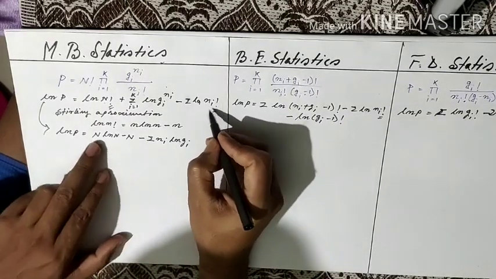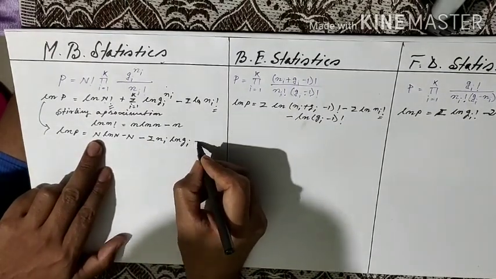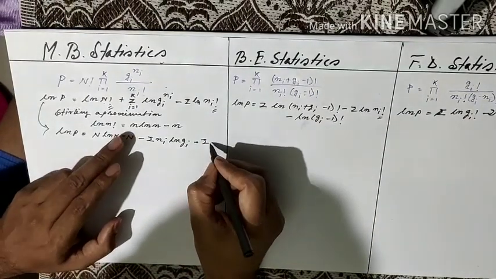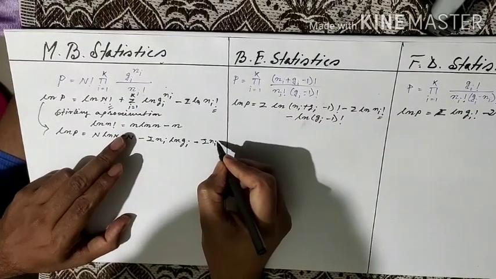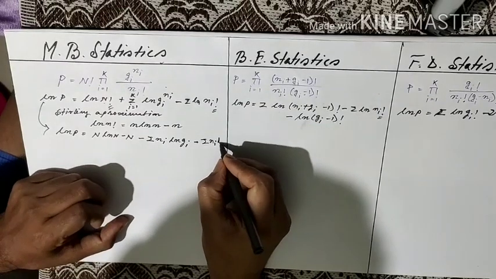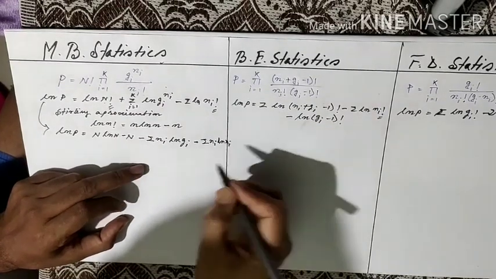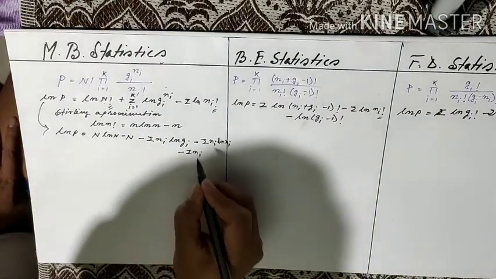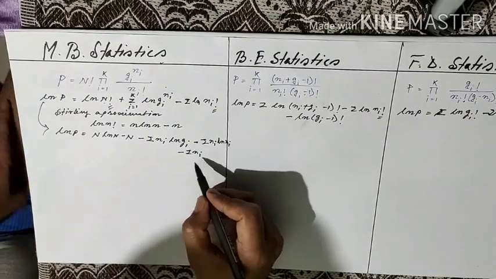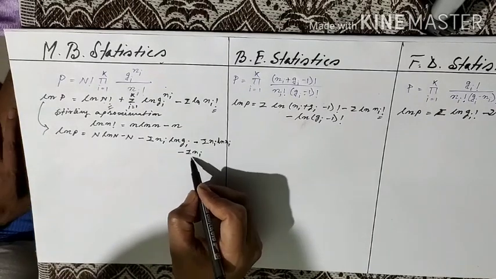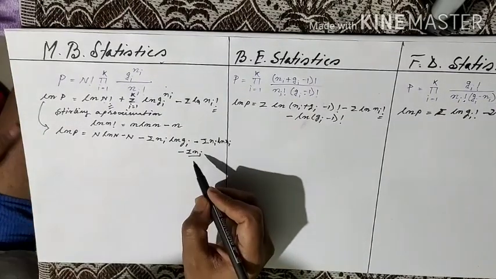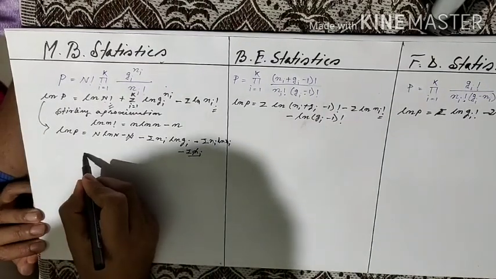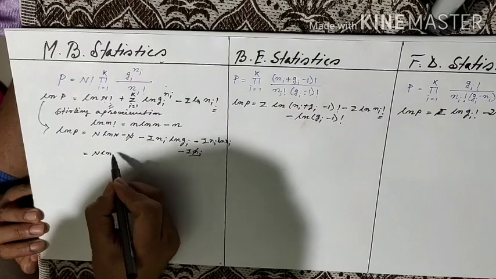And this again you have to use the Stirling approximation, minus summation ni ln ni minus summation of ni. Again summation of ni is nothing but the total number of particles, so this will be cancelled out.